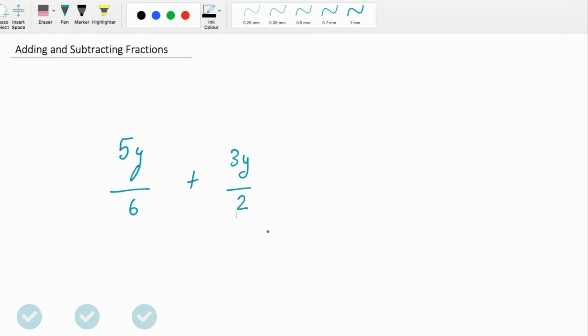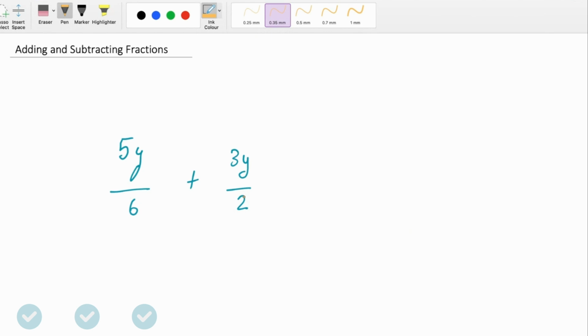So our first step tells us that we need to ensure that these denominators are the same. Now the way that we can do this is first by asking, is one of the denominators a factor of the other denominator? You can see here that 2 is a factor of 6. 2 goes into 6 3 times.